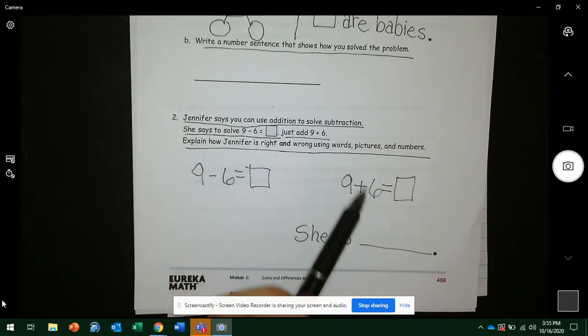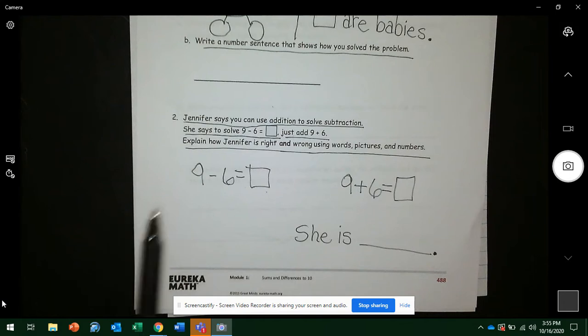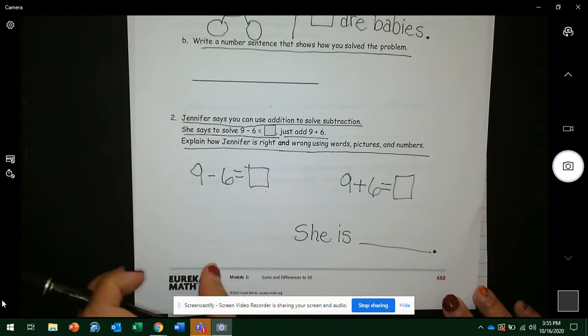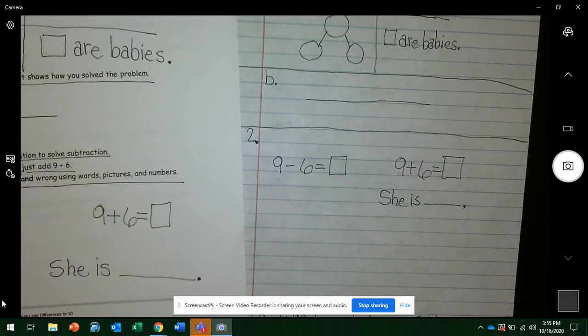You can also draw pictures to help you solve, because it says you can use words, pictures, and numbers. If you're doing it on line paper, you would write 9 minus 6 equals 9 plus 6, and the same thing, she is, and you can have the bottom space to go ahead and work it out.